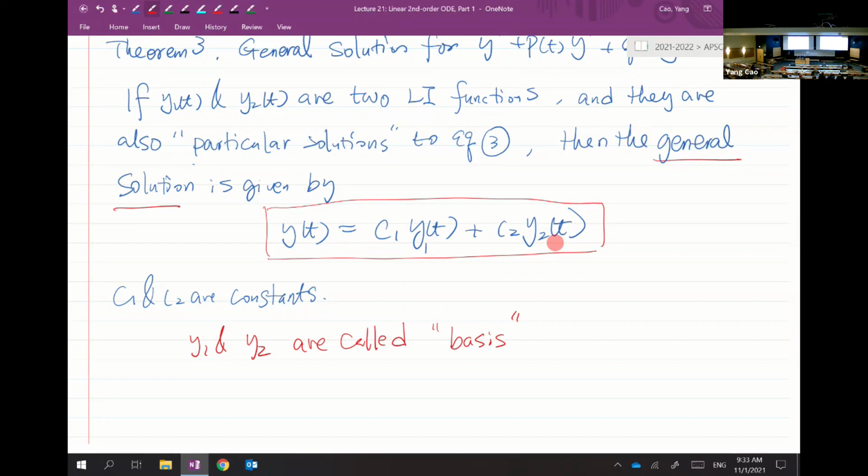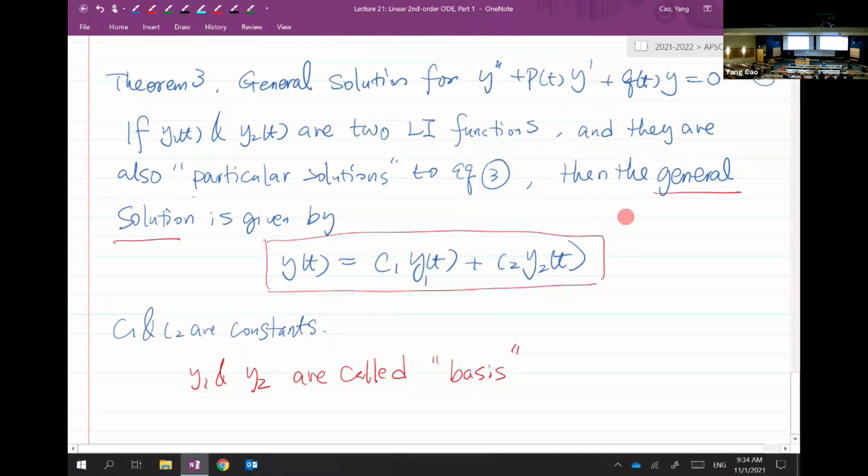So I think the 3 theorems have given us very general guidelines. Right? So now you can clearly think, if I want to get a general solution for this homogeneous second order ODE, then the objective is to what? Is to obtain 2 linear independent particular solutions.